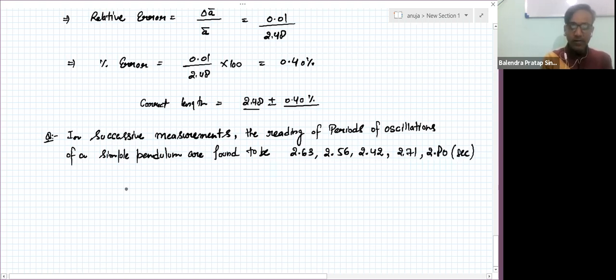So you have to find, the first part is the mean value of the period of oscillations.